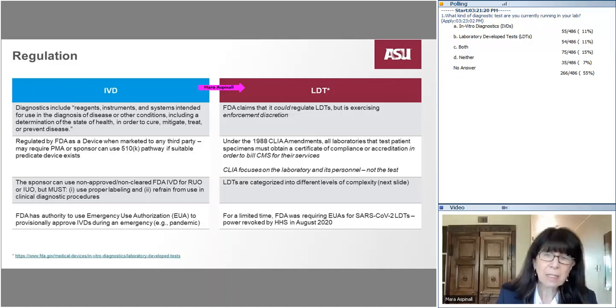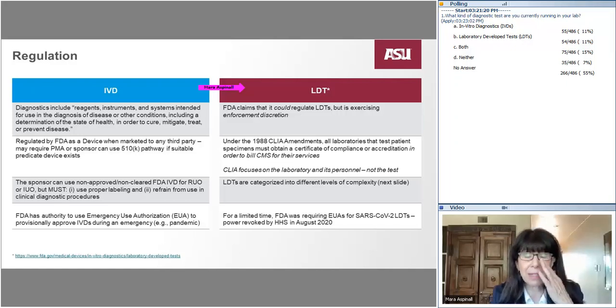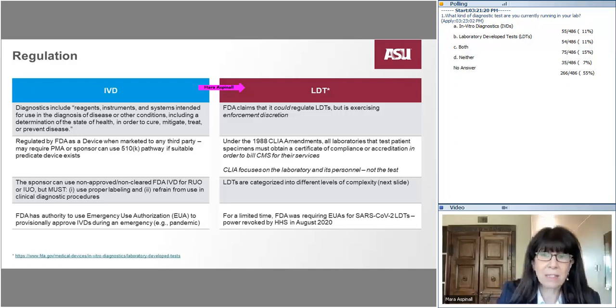Technically, you could have a lab without CLIA. Some payers might reimburse you. I'm going to tell you, don't do it. It's not the right way to go, and payers really shouldn't reimburse you. But what I said before, CLIA focuses on the lab and the personnel, not the test. So you could have 10 LDTs.